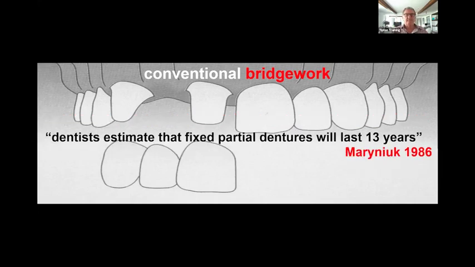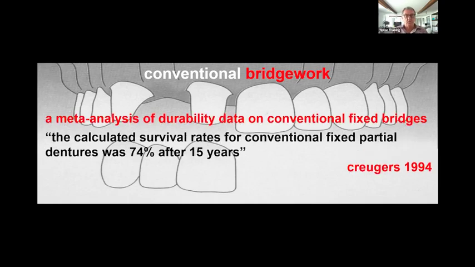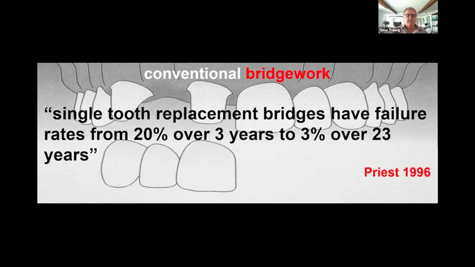Dentists themselves, funnily enough, estimate that their fixed partial dentures, their bridges, will last about 13 years, okay? Which again is not bad. It's in that same realms of 15 years. Priest, again in 96, that same paper, looked at single tooth replacement bridges, and again, the best and the worst failure rates were 20% over 3 years.